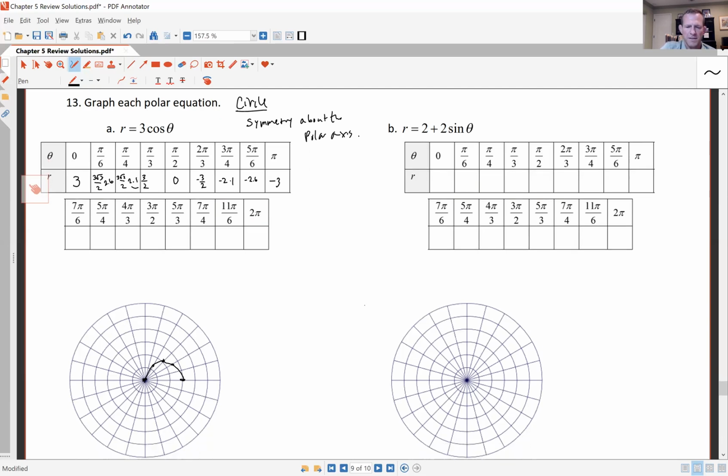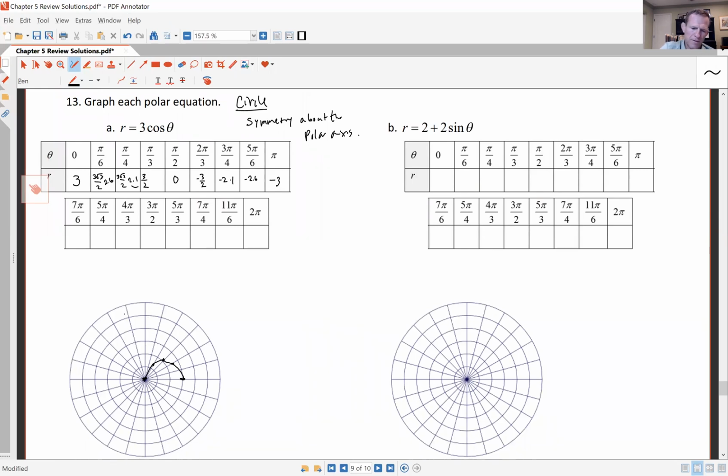All right, so we're at 2 pi over 3, negative 1.5. So you see the symmetry about the polar axis there. 3 pi over 4, negative 2.1, and then this one is negative 2.6.